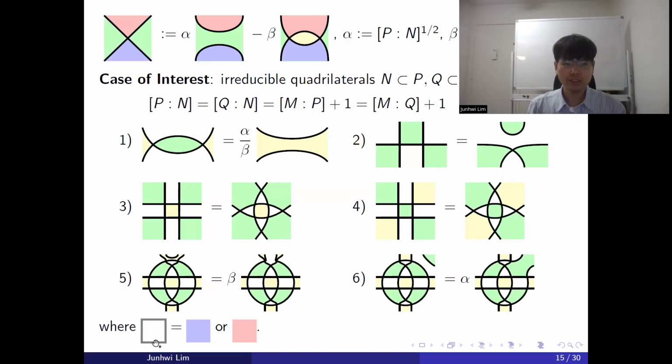Here, white regions are either blue or red. The only restriction is that you color the regions in an alternating pattern. And you may have noticed that there are some crossings that do not touch the yellow region, unlike before. And these crossings are defined by the formula at the top.